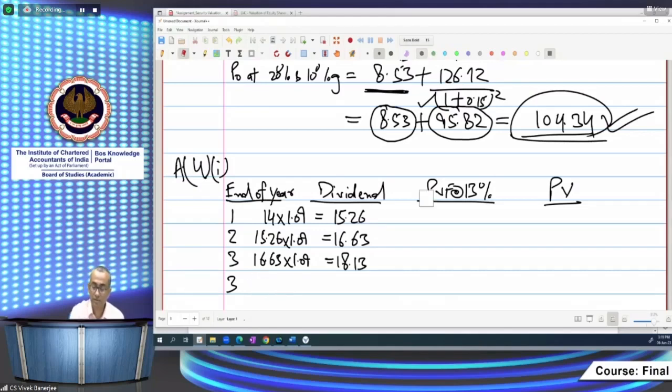the dividend factor. So first of all, let us calculate the dividend first. Present value factor is given in the question.